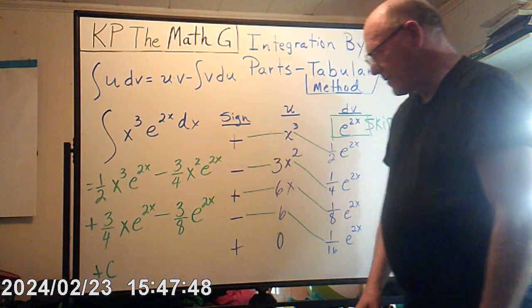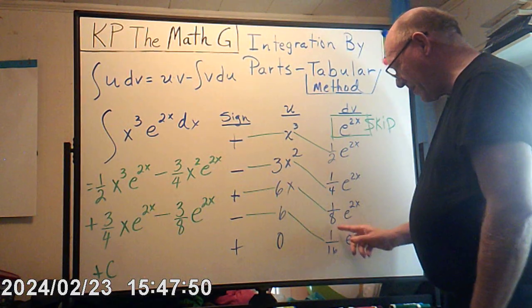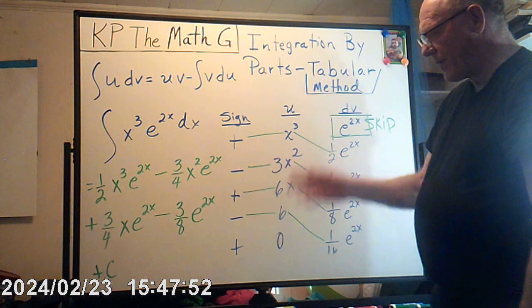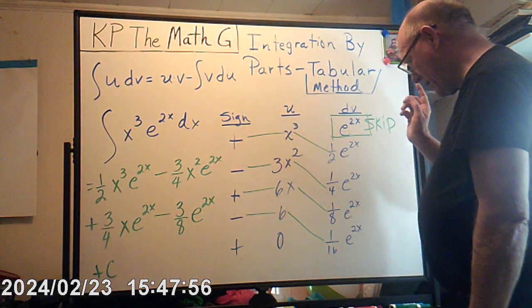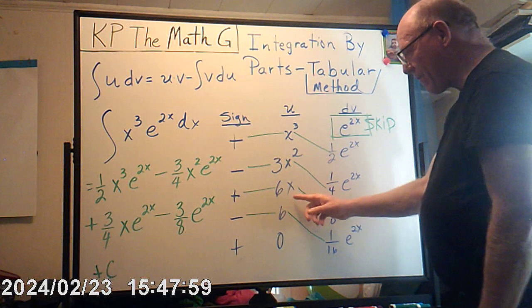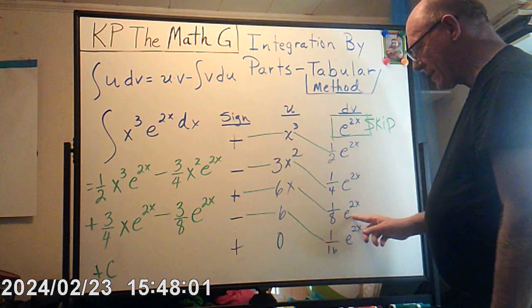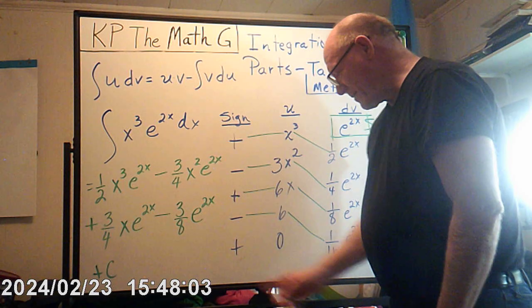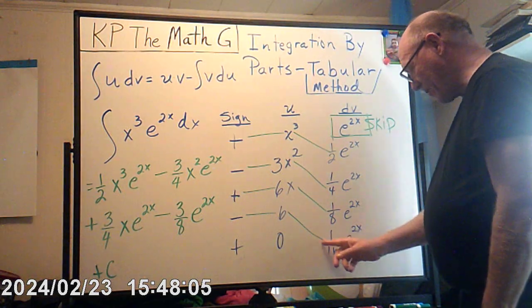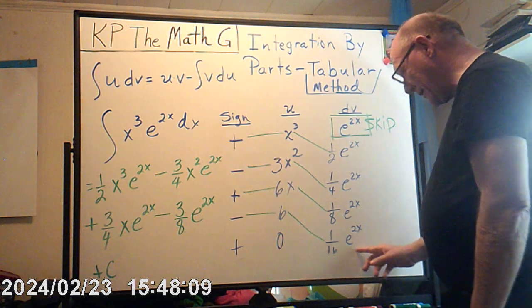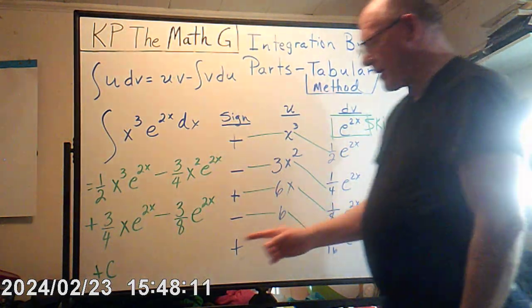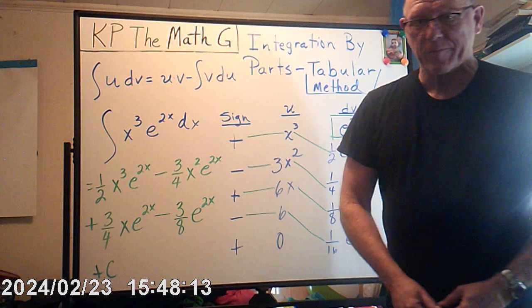There it is. 6 over 8, which is again 3/4, positive sign, x e to the 2x. Minus sign. 6 times 1/16 is 3/8 in lowest terms, e to the 2x, and then don't forget to add plus c on the end.